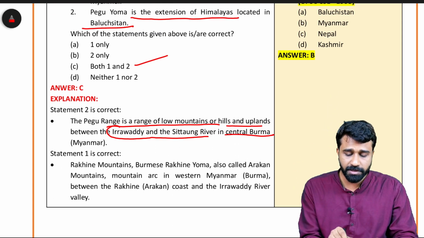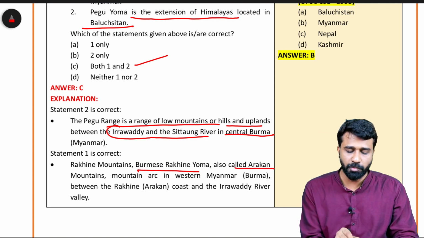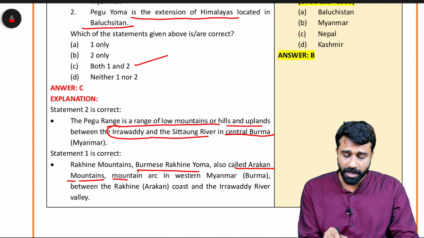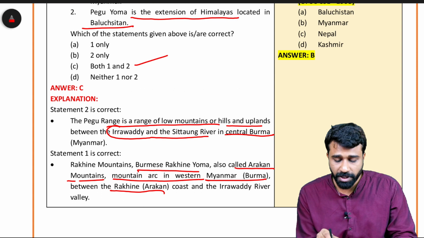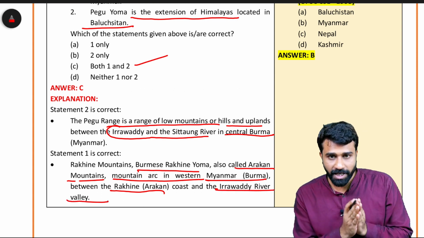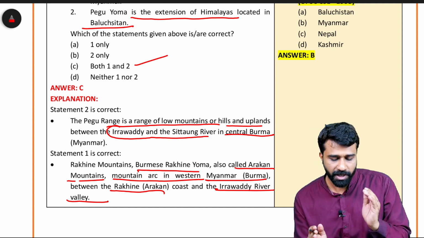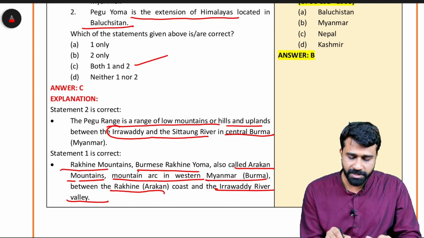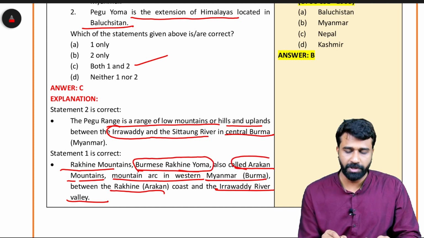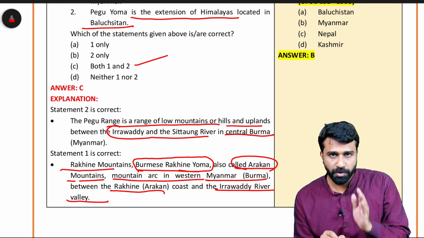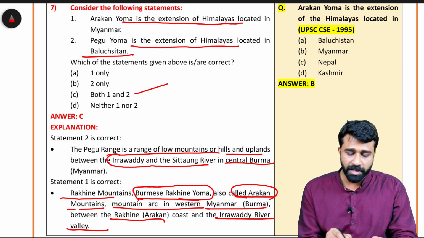And the Rakhine Yoma, also called the Arakan mountains, is a mountain arc in western Myanmar between the Rakhine, that is Arakan coast, and the Irrawaddy river. Pegu range is between the Irrawaddy and Sittaung river systems.